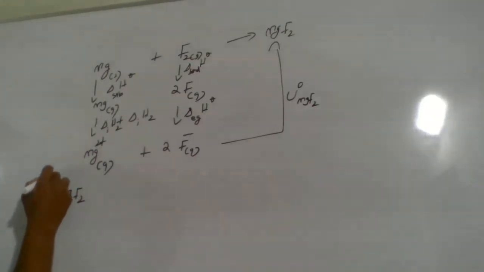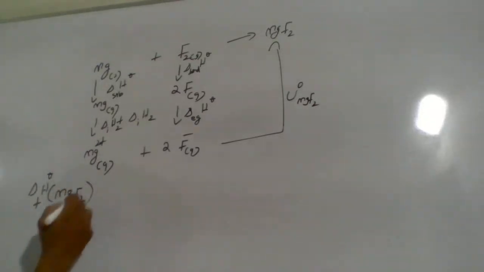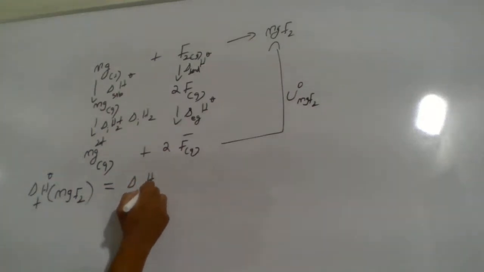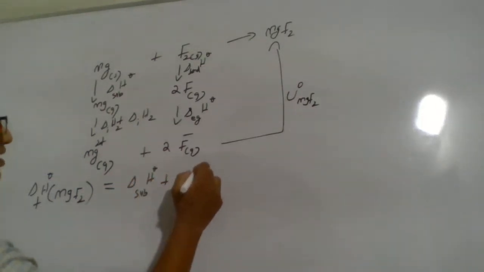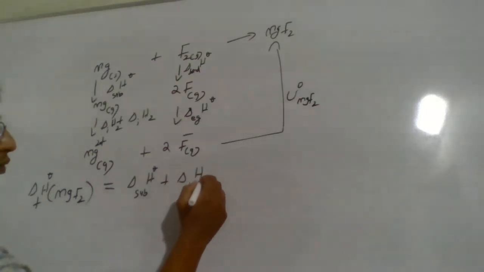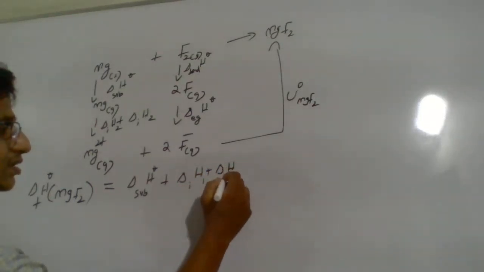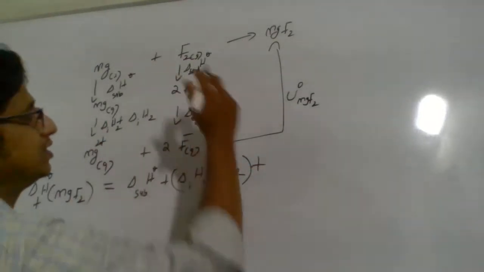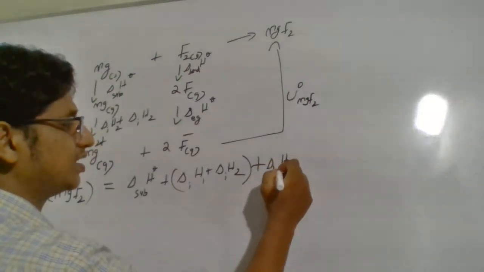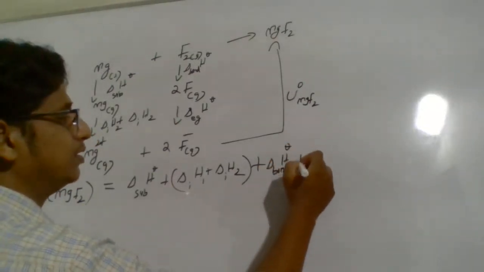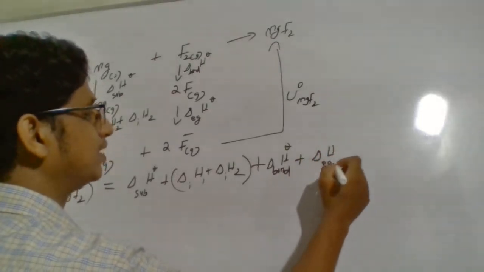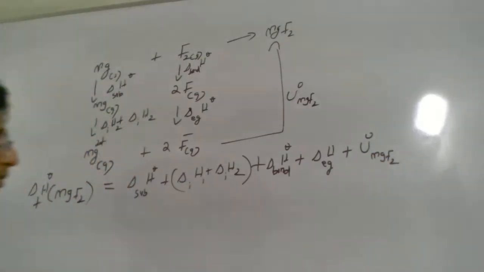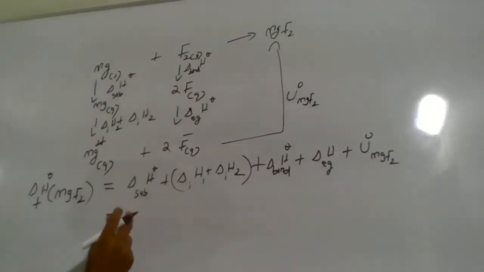Delta H formation of magnesium fluoride will be equal to the sublimation enthalpy, delta H sublimation, plus delta H I1 plus delta H I2, that's the sum of first and second ionization enthalpy, plus delta H bond dissociation enthalpy, plus delta H electron gain enthalpy, plus lattice enthalpy. So the values are given, you just apply them.